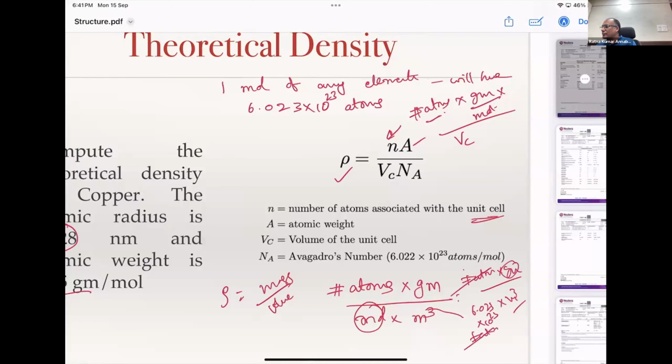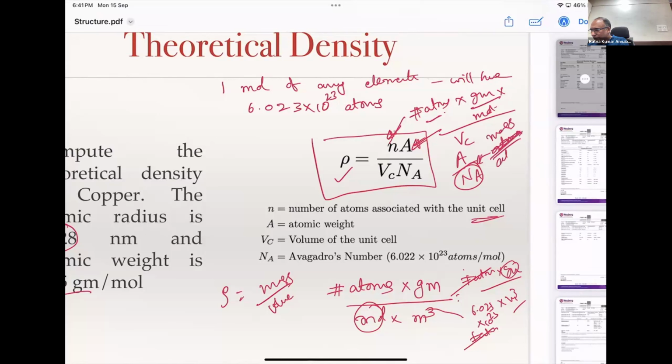That is the mass unit for density. That is what this formula is: number of atoms per unit cell times atomic weight divided by Avogadro's number. 6.023 into 10 power 23 is your Avogadro's number. Atomic weight by Avogadro's number gives you the mass per atom.